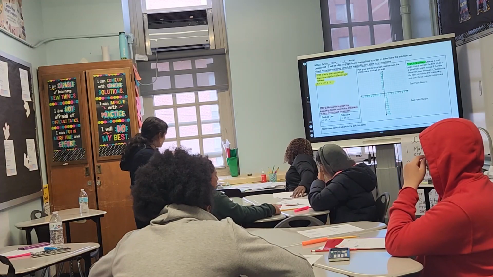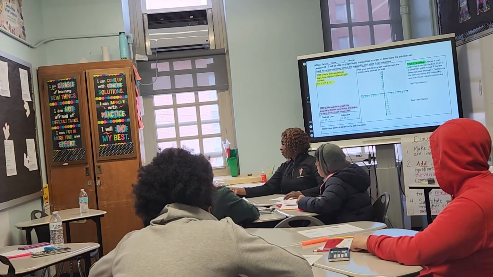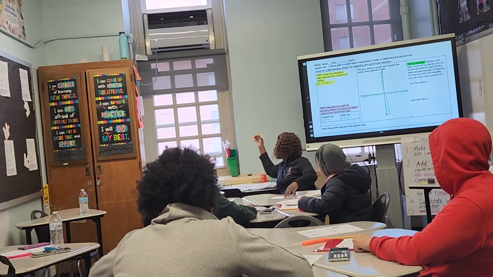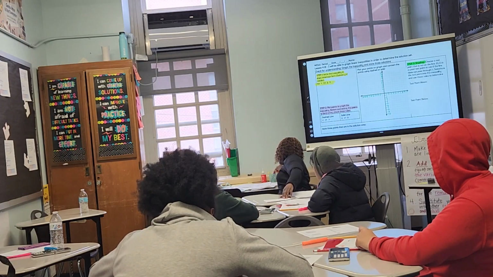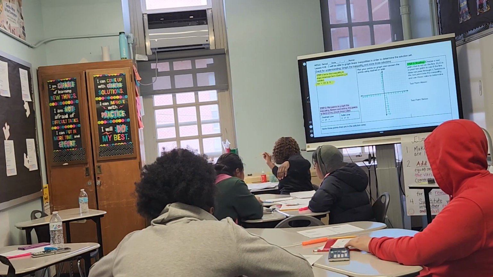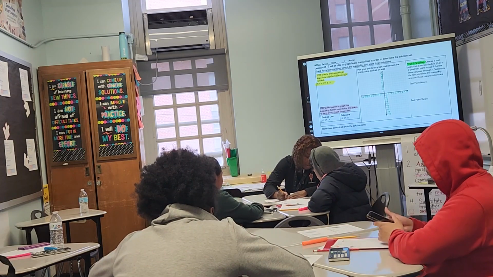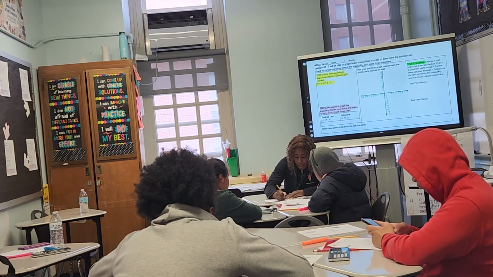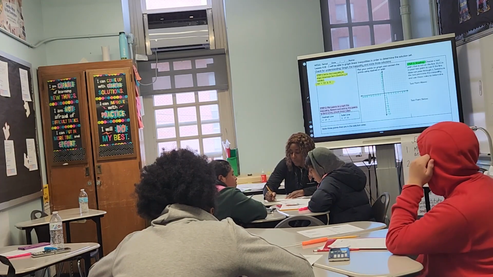So when we are solving, we have 6x minus 2y is greater than or equal to 4.